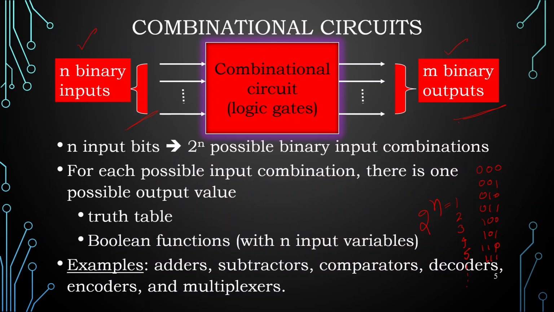Examples are an adder, a subtractor, a comparator, a decoder, an encoder, or a multiplexer. As we proceed in this module, we will look at various combinational circuits. Such examples are given over here.